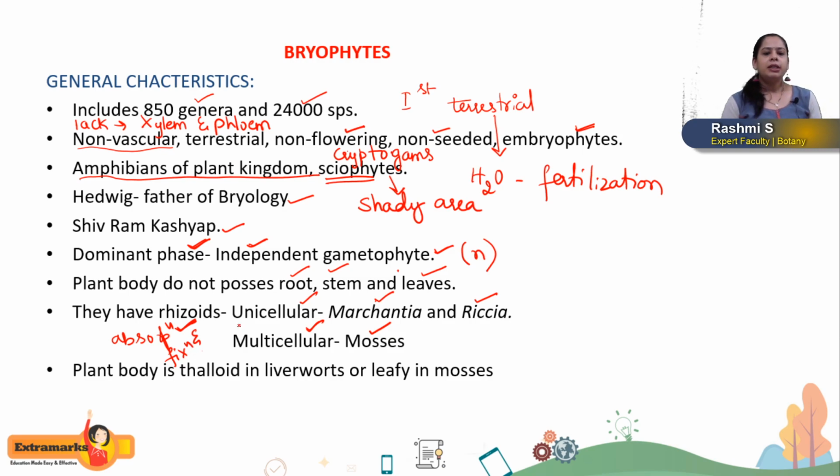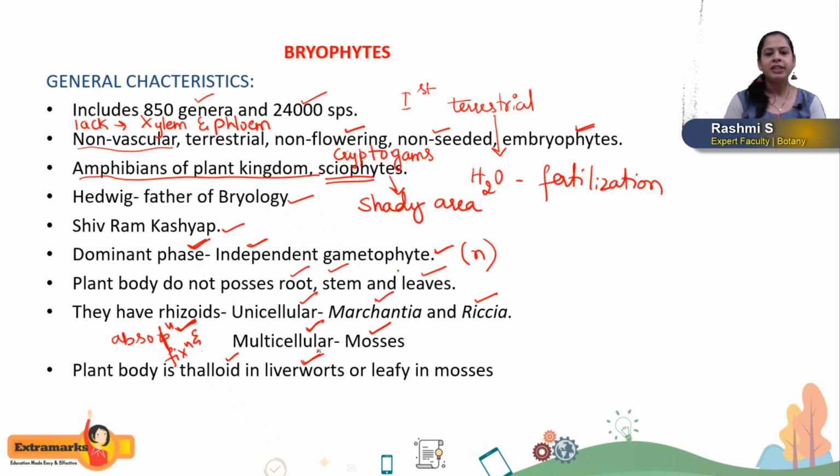Then the plant body is still thalloid. Thalloid means a flattened, undifferentiated plant body, which is present in algae. The same thalloid plant body is still present in the lower bryophytes, which are called liverworts.